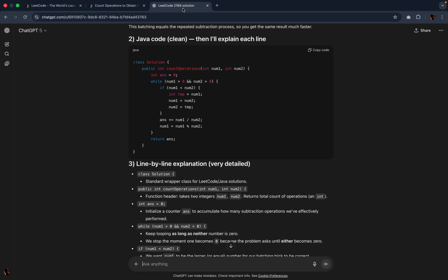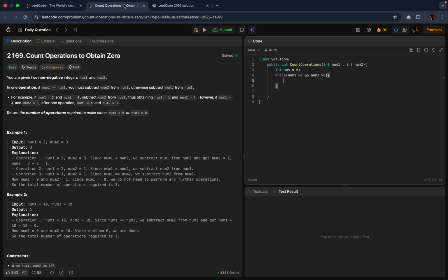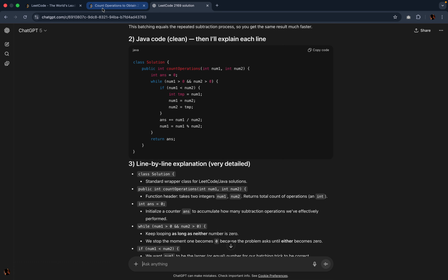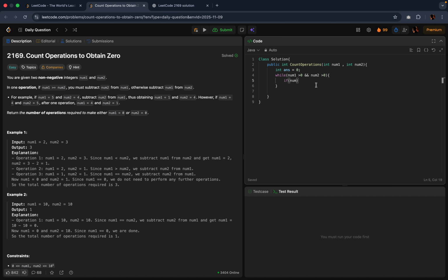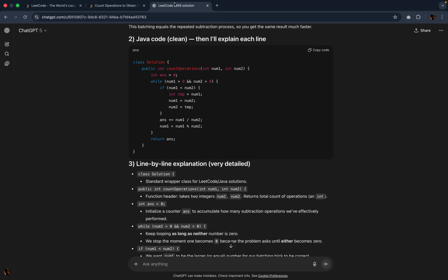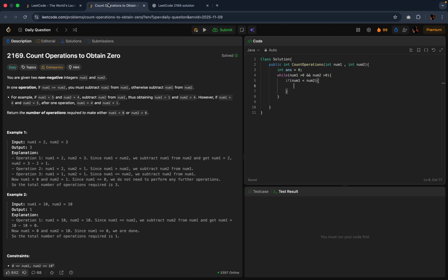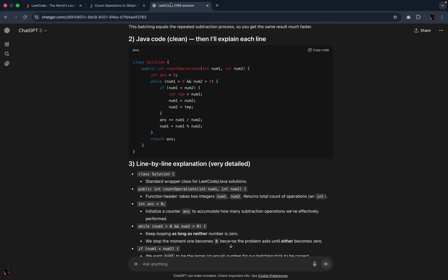Then we declare the parenthesis. Now we are running an if: if num1 is less than num2, yes. We have to take care of these braces, that's why I'm checking again and again.